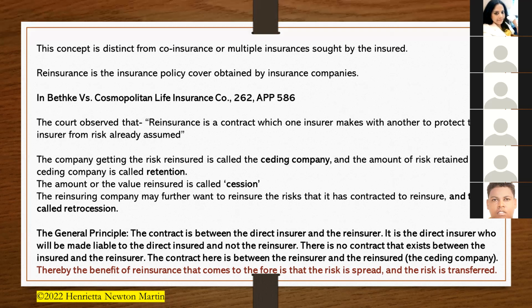The reinsuring company may further want to reinsure the risks that it has contracted to reinsure, and that is called retrocession. I'm repeating this again for you.